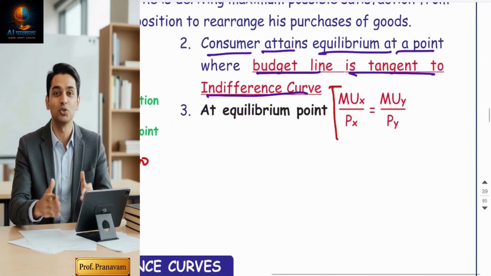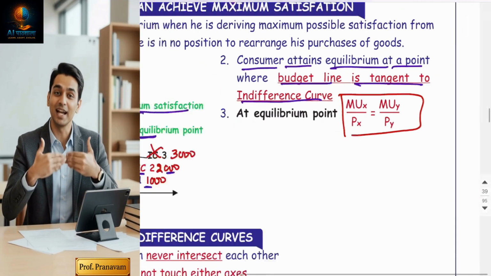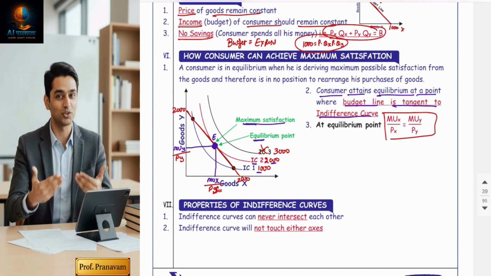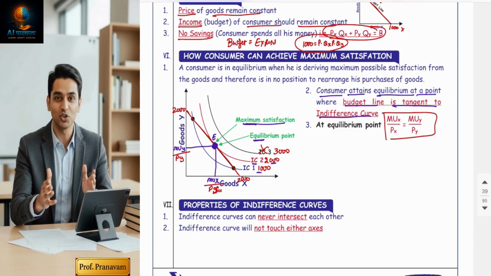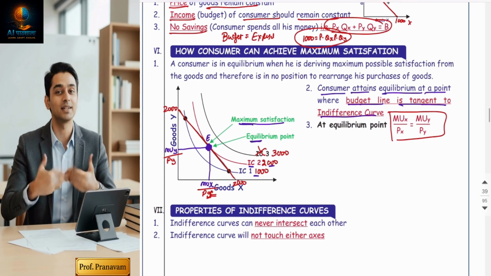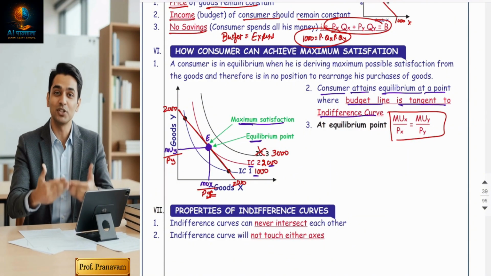So you get the equilibrium point by the condition MU X upon price of X is equal to MU Y upon price of Y. I'm not going so much into detail because the basic objective is just to make you familiar with the notes. Right? Yes, sir. We understood. So the consumer is in equilibrium where my budget line is tangent to the indifference curve.